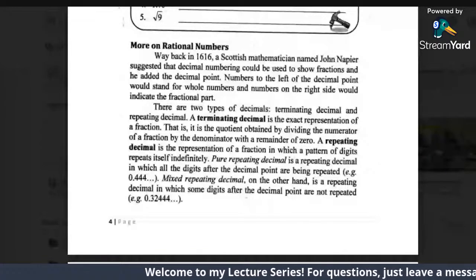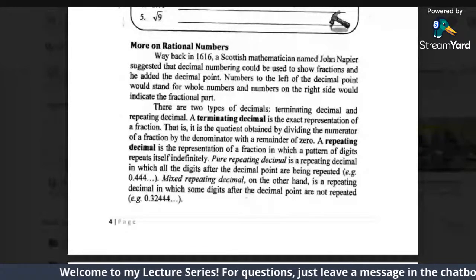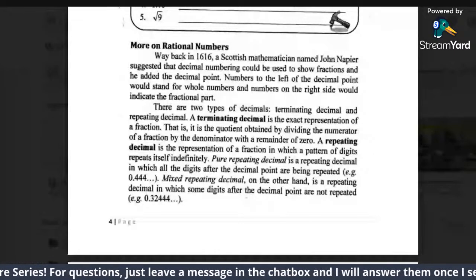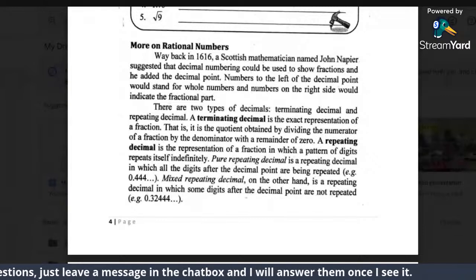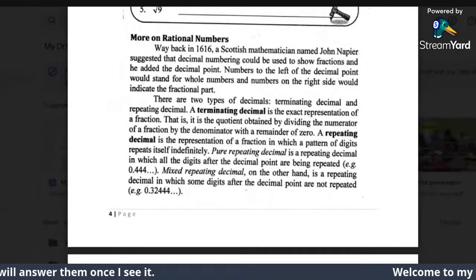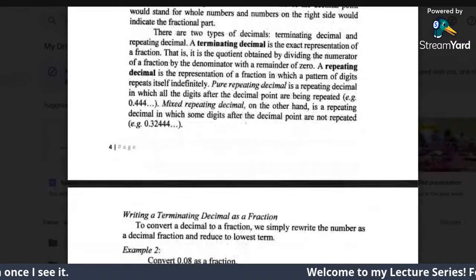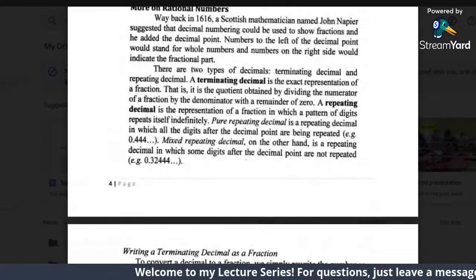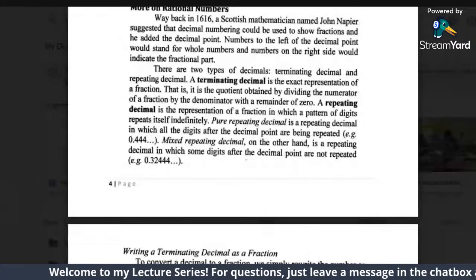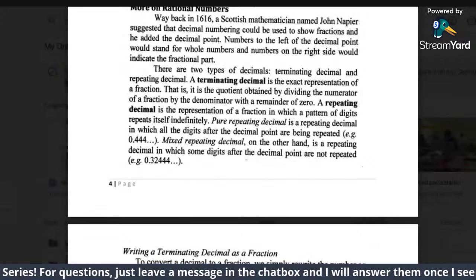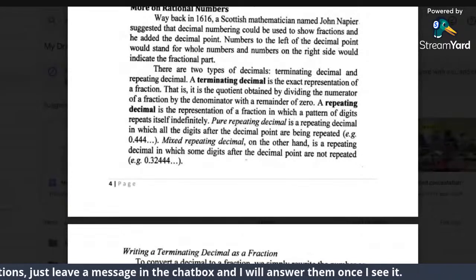Or if you divide 2 by 3, your 2/3, that's 0.66666. 1 over 3 is 0.3333 and so on. So these are repeating decimals. So repeating decimals and non-terminating decimals are examples of rational numbers, because they can be expressed as a ratio a over b.